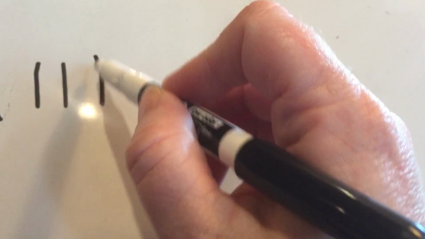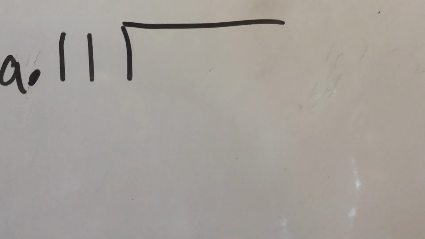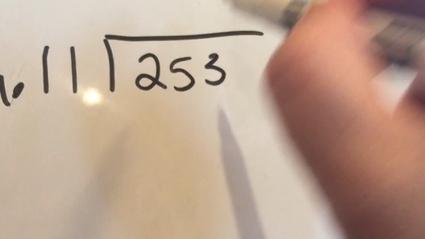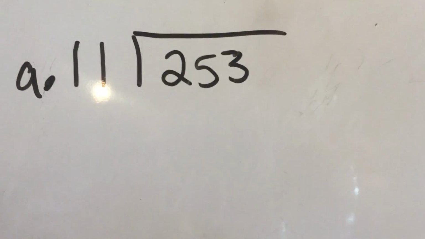Lesson practice A for lesson 92 says use compatible numbers to estimate the quotient in the problems. A says 11 divided into 253. And it wants you to use compatible numbers.